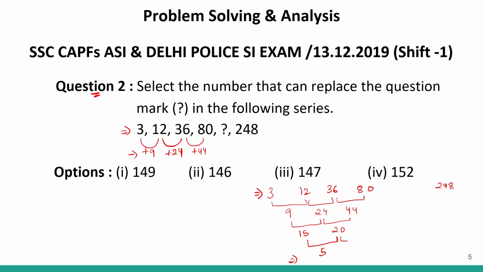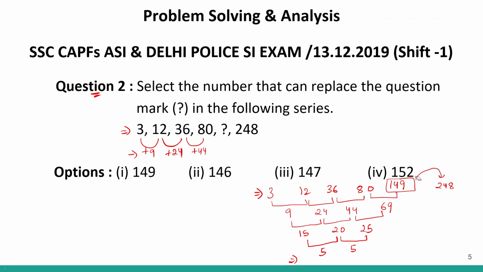Now, let us try adding 5 to this 20. So 25. 44 plus 25 will give me 69, and 80 plus 69 will give me 149. So this is my tentative answer. We have not finalized it yet. How will I finalize? When I check that it follows the same logic with 248.